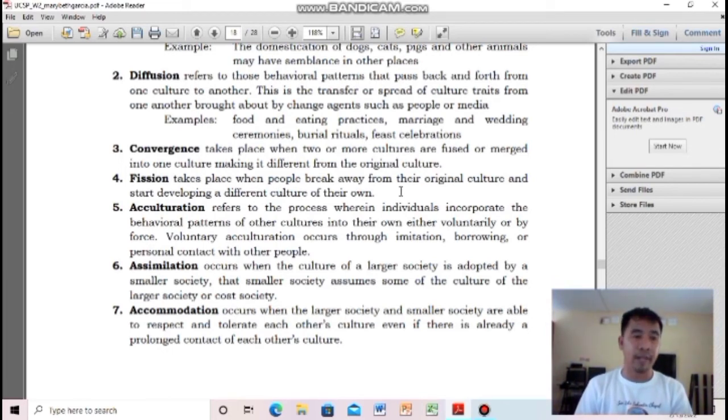Next is acculturation. Refers to the process wherein individuals incorporate the behavioral patterns of other cultures into their own, either voluntary or by force. Voluntary acculturation occurs through imitation, borrowing, or personal contact with other people. Kumbaga, gin-adapt nimo, no, gin-imitate nimo ang kultura sang iban nga grupo, no?